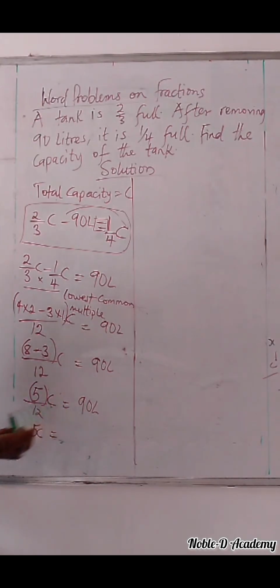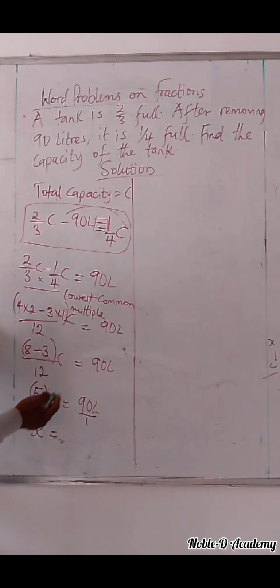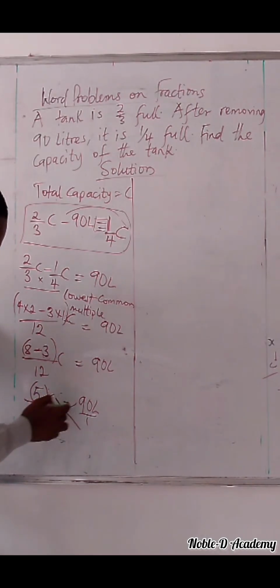Since 90 liters is the same thing as 90 liters over 1, I've taught you to multiply the denominator by the other numerator, and the denominator on the left side by the numerator. That's cross multiplication.